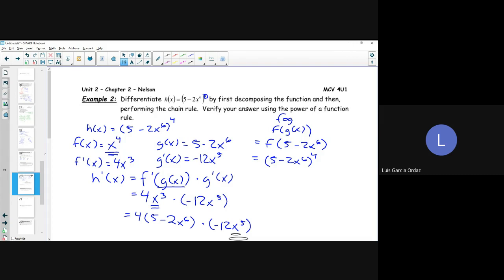Now I can just easily simplify, so my derivative ends up being negative 12x to the 5 times 4.